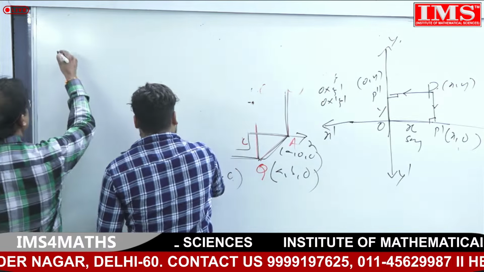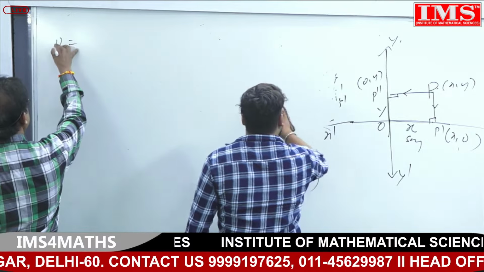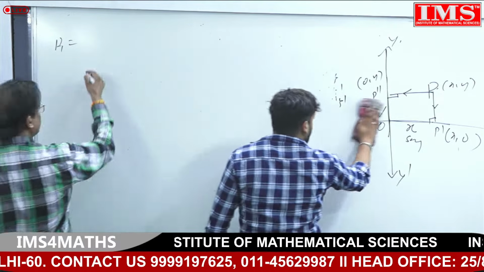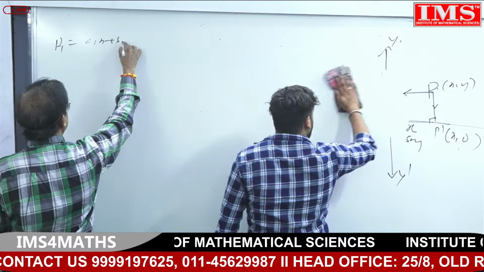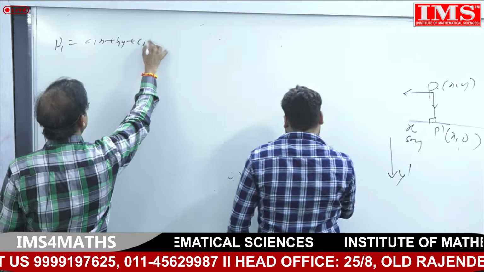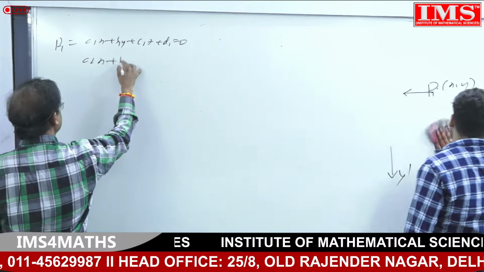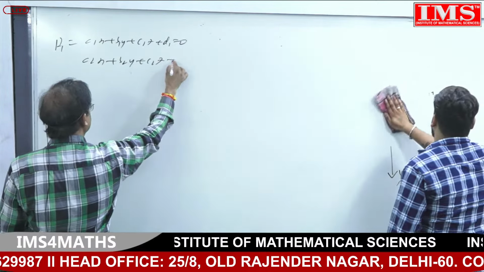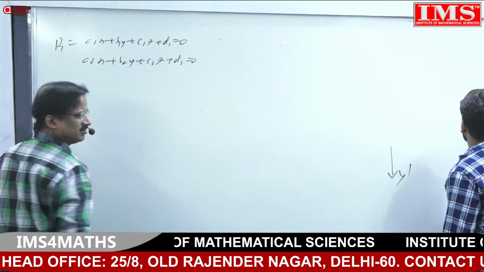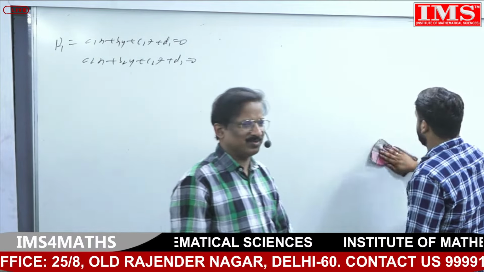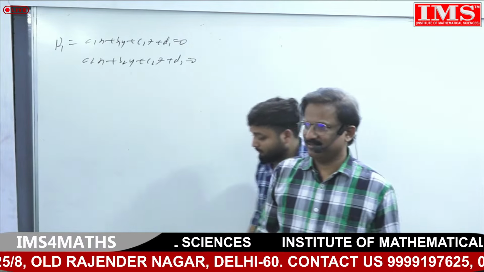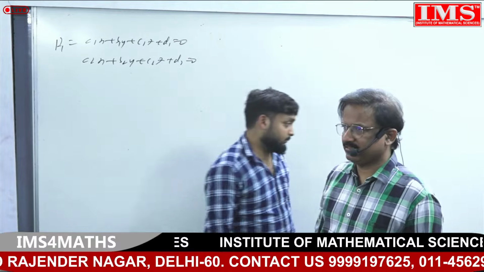See, I'll take another plane which is not passing through the origin. a1x plus b1y plus c1z plus d1 is equal to 0, and a2x plus b2y plus c2z plus d2 is equal to 0. These two planes are not passing through the origin.